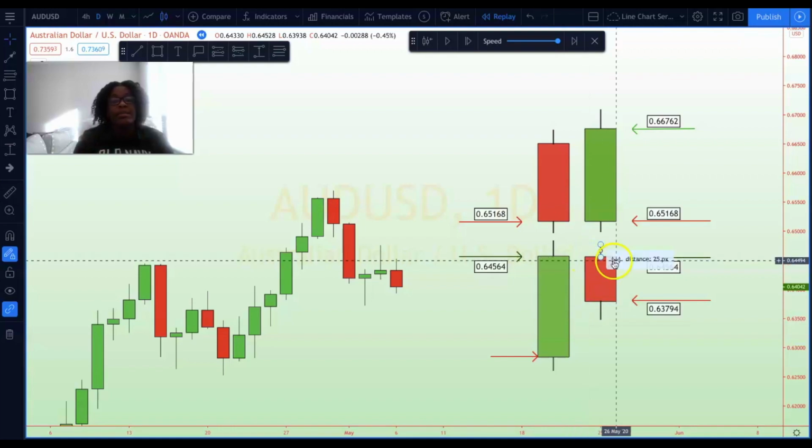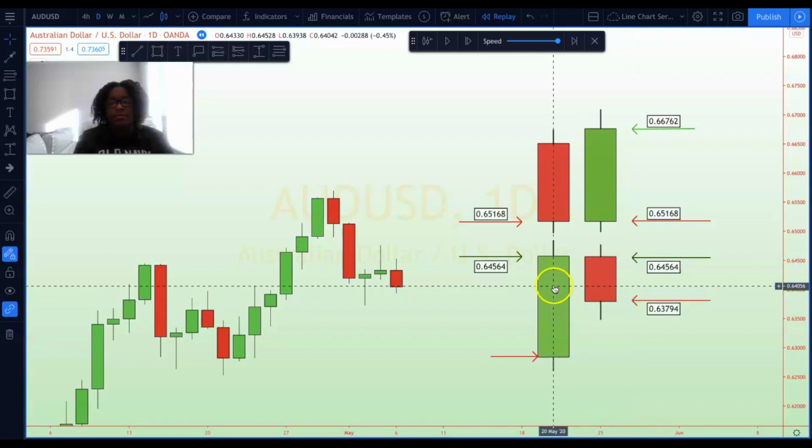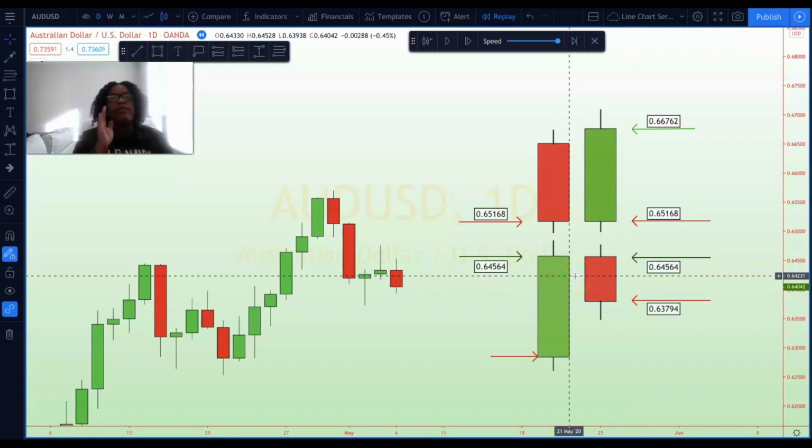Okay? But remember, it's a bearish candle, and bearish candles close low. So if it closed lower, as you guys can see, if I move my crosshair, and once again we pay attention to the price scale, price closed at 0.63794 on these examples. So bullish candle closes higher, bearish candle closes lower. Wherever either candle closes is where the next candle is going to begin to form. You guys, this is how price moves with these candles.